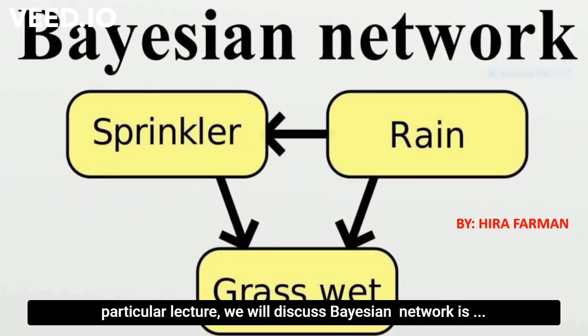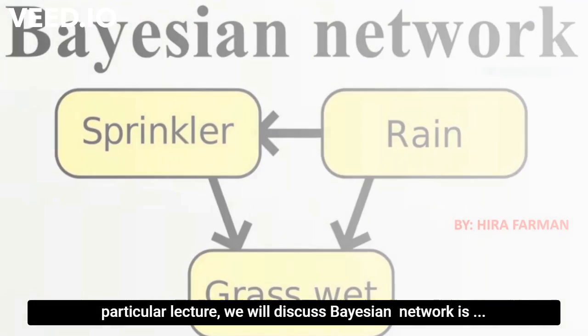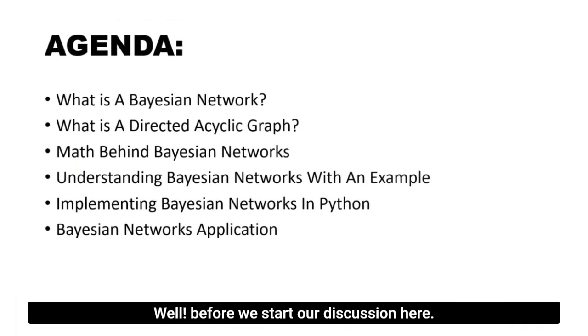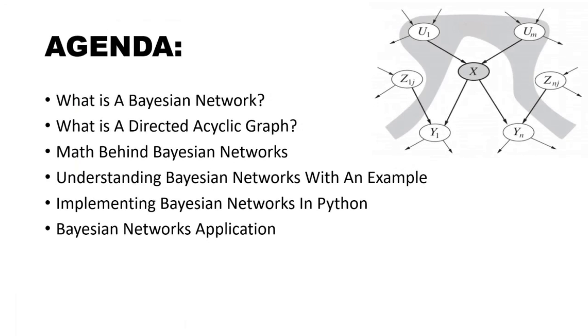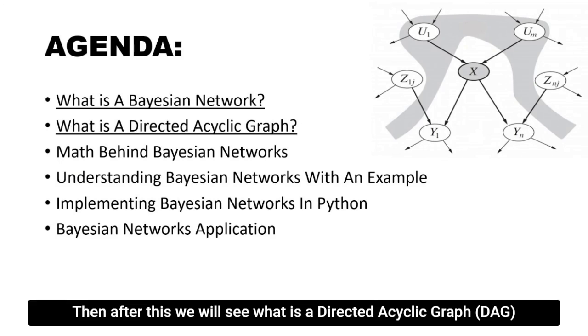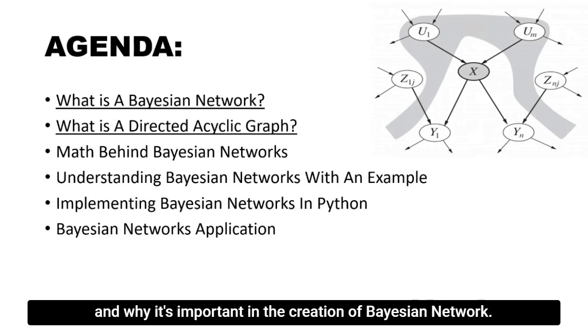Well, in this particular lecture we will discuss what a Bayesian network is. Before we start the discussion, here you can see the agenda of the class. First of all, we will discuss a Bayesian network. Then we will see what a directed acyclic graph is and why it's important in the creation of a Bayesian network.